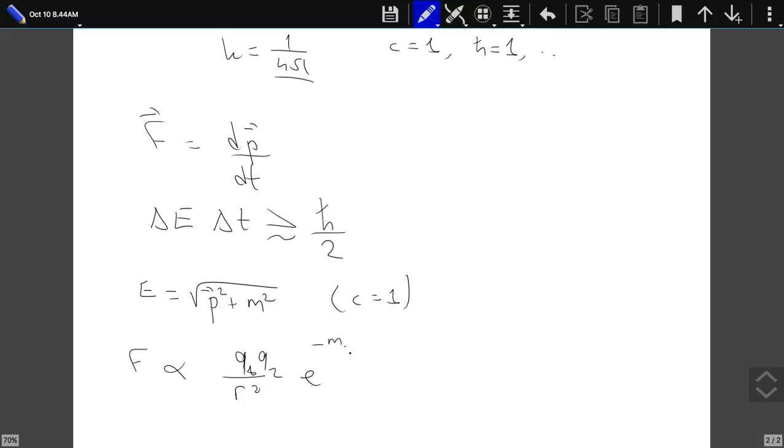So this would have been the dependence. It will be exponentially suppressed. In fact, this is one of the methods that we are using to measure the mass of the photon. Is the electromagnetic force 1 over R squared, or is there an additional exponential suppression? Again, units, h bar is equal to 1 is equal to c.